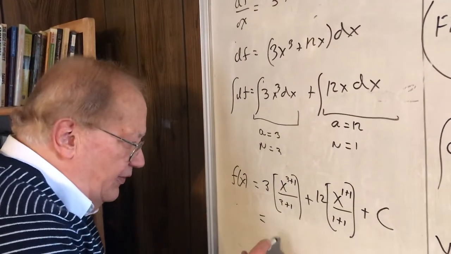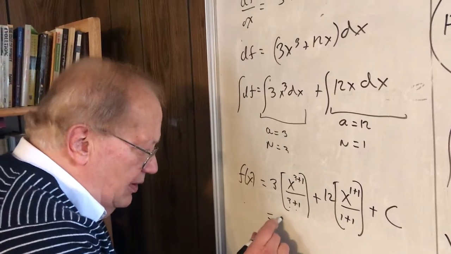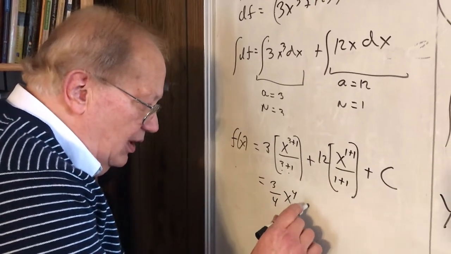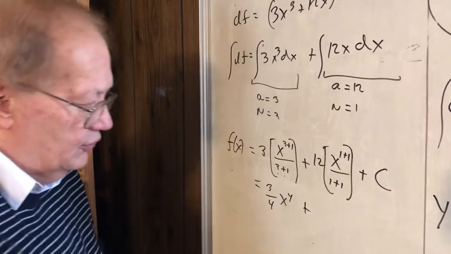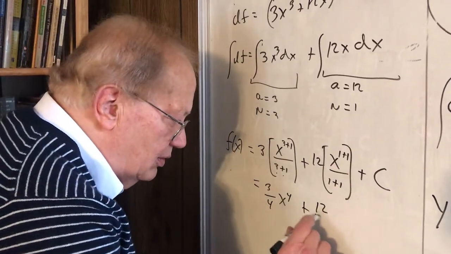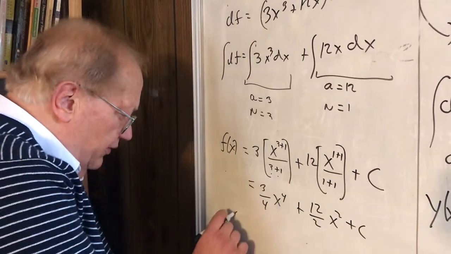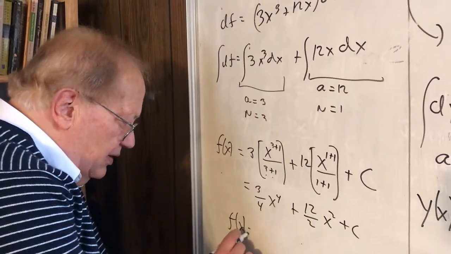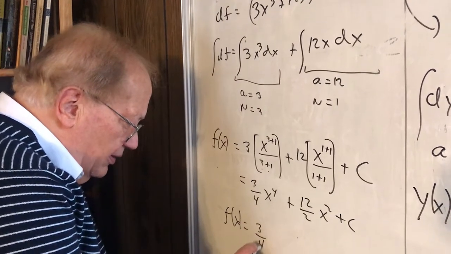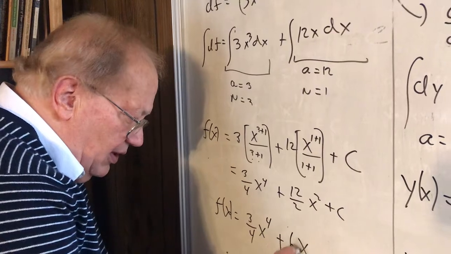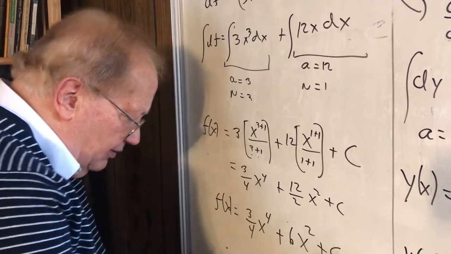What we get here is, this becomes 4, so it's 3 over 4 x to the 4th plus 12 over 2 x squared plus c. So finally the function is 3/4 x to the 4th plus 6x squared plus c.